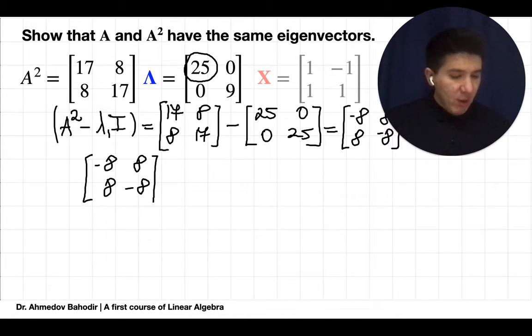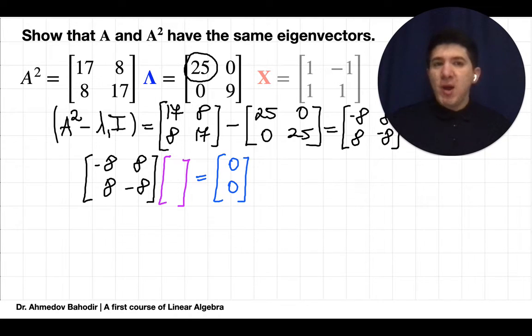We need to figure out the vector x so that if I multiply this by it, I get 0 and 0. You see, the two columns of this matrix are very similar, right? They are just opposite vectors. So in order to get the zero vector, I can just add them.